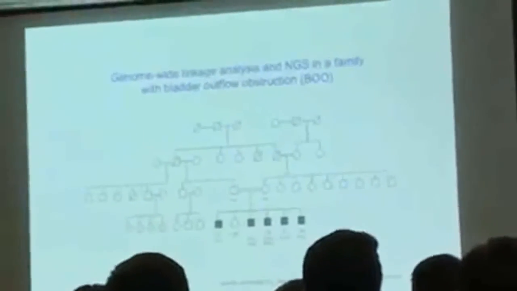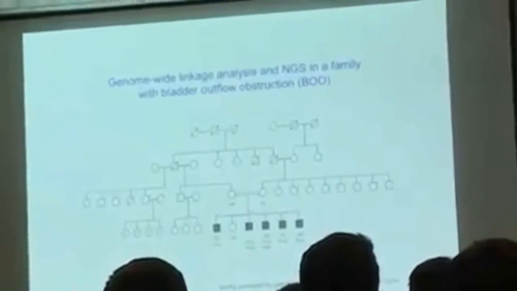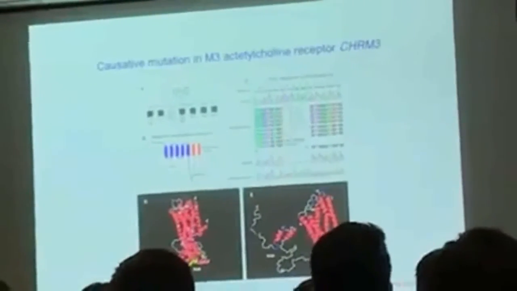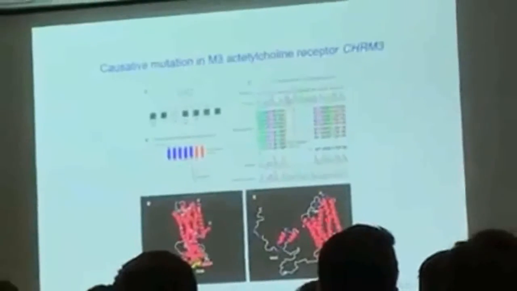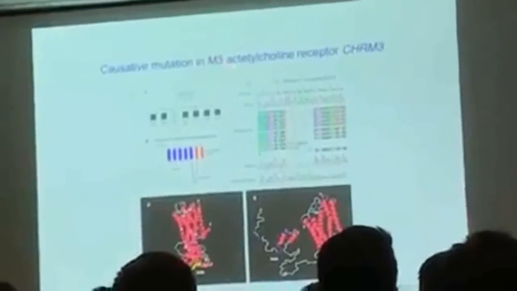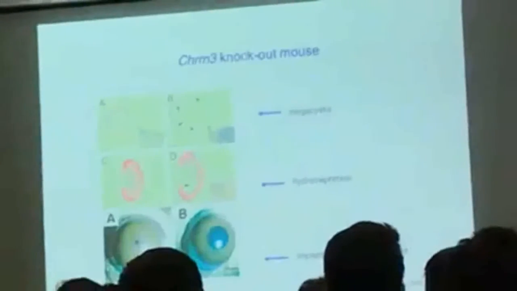They can only do linkage analysis, they can find the mutation. Otherwise, this is a strong family history right here. Yeah, this is the other mutation in, this is quite M3, acetylcholine receptor, CHRM3 mutation.